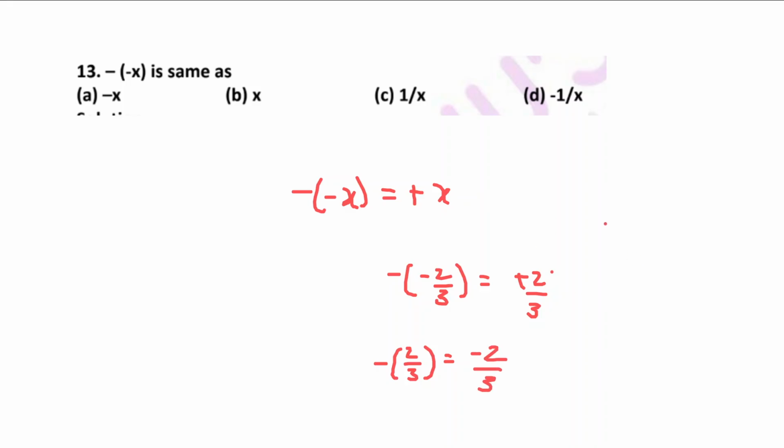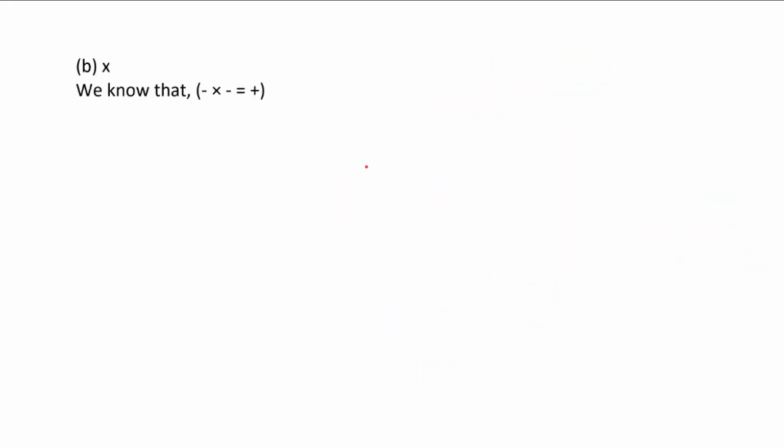Basically, it is like this: minus into minus is plus, minus into plus is minus. These two rules are applicable here. Negative into negative will be positive, negative into positive will be negative. So minus of minus x will be same as plus x. This is the right option. Okay, now you correct your answer.